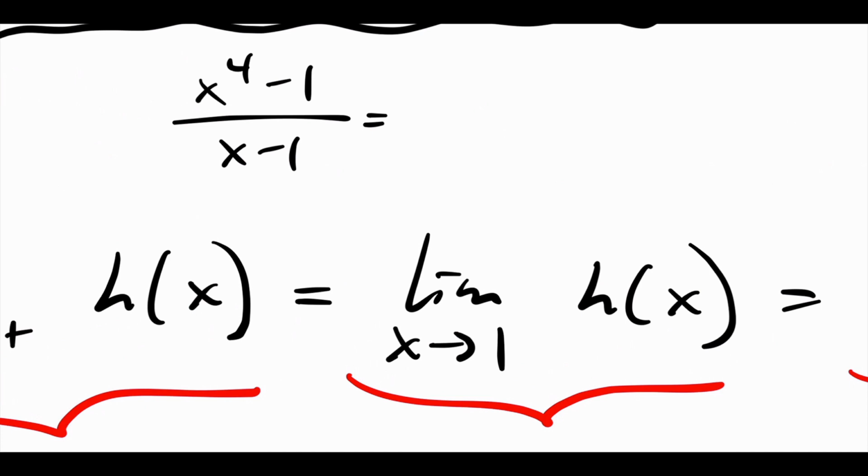So can I factor the top? The top is a binomial, right? It's difference of squares. Yeah. I know it's x to the 4th, but it is difference of squares. It's x squared minus 1 squared.